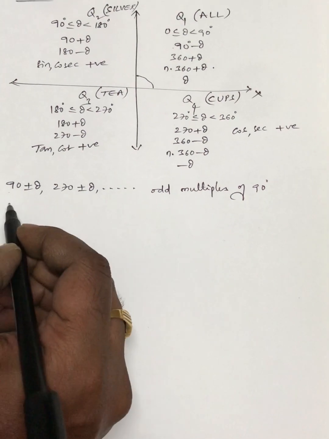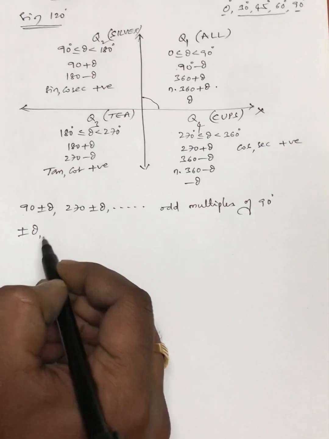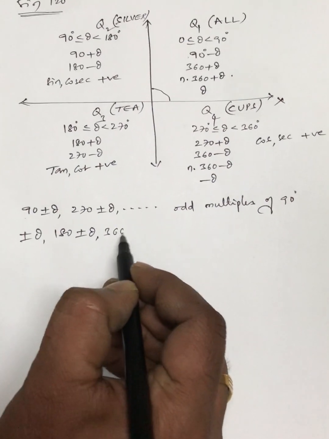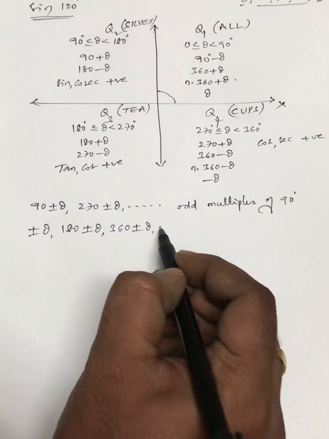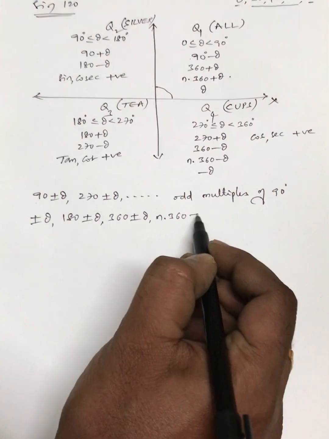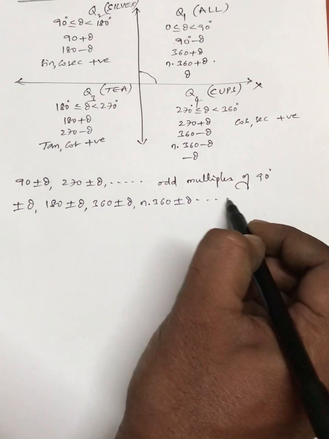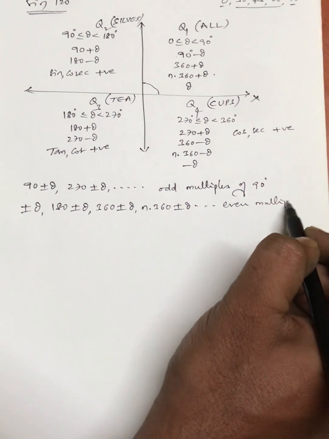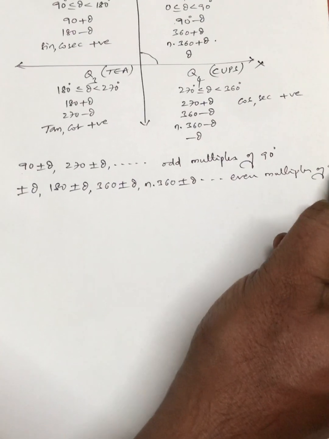And coming to the angles 180 plus or minus theta, 360 plus or minus theta, n into 360 plus or minus theta, these are called even multiples of 90 degrees.